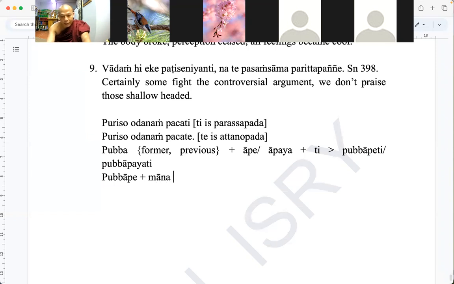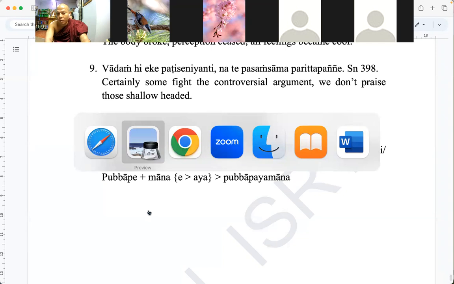So in that sentence, a is replaced by aya. That is why we have pubbayamana in this way. So that way also we are forming the present participle.